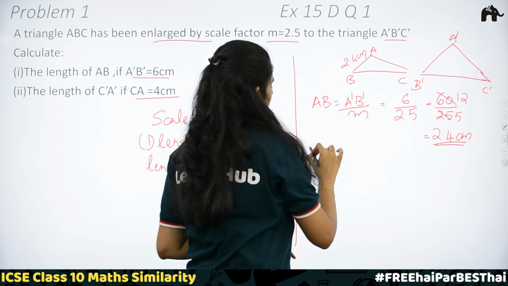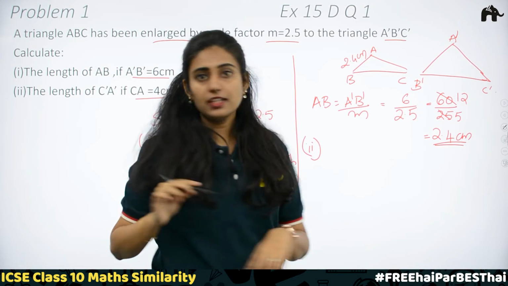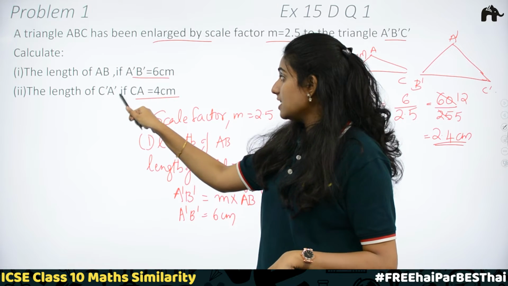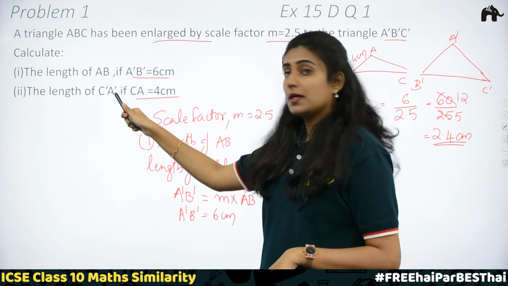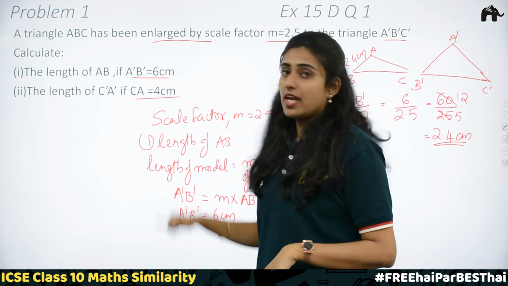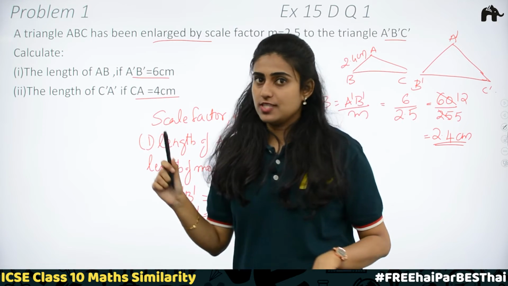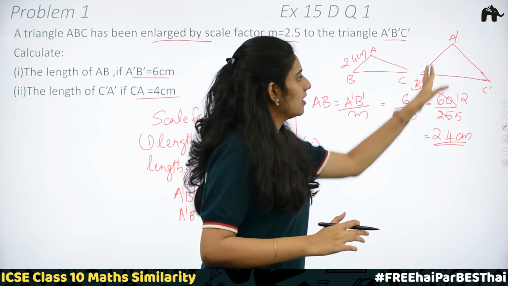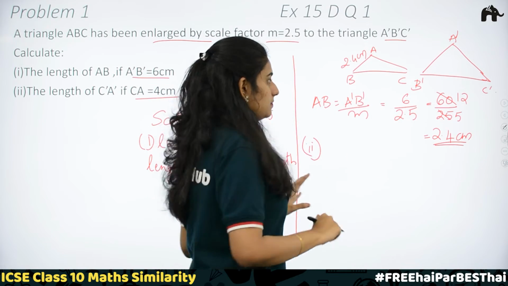So 2.4 centimeter is the length of AB. Now the second one. Second question, we need to find the length of C dash A dash. C dash A dash is the length of model and CA is the length of object. Length of side of object is given, which is 4 centimeter. Here object is the original triangle and model is the new enlarged triangle. Okay.